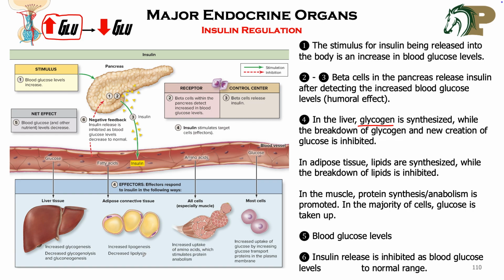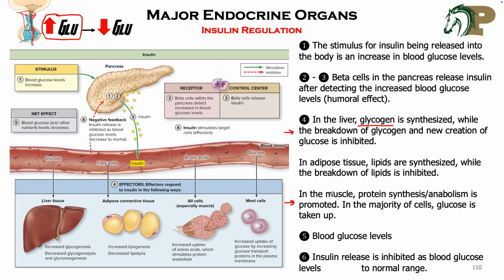Essentially what is going on is we are either going to store glucose, or the cells are going to take it up and use it for energy. The storage of glucose will happen in the liver.